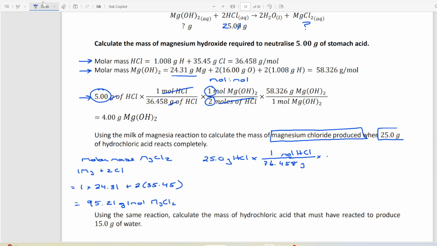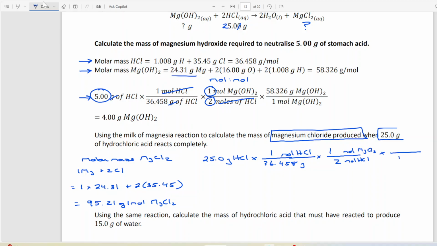Okay, that's now put me in moles of hydrochloric acid. I now want to convert from moles of hydrochloric acid into moles of magnesium chloride. And if I look at my coefficients on my formula, 2 moles of hydrochloric acid produce 1 mole of magnesium chloride. And now I'm in moles of magnesium chloride and I want to convert it to grams of magnesium chloride.